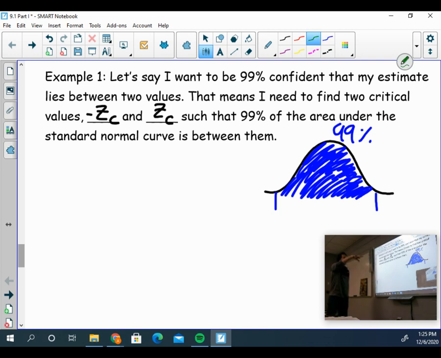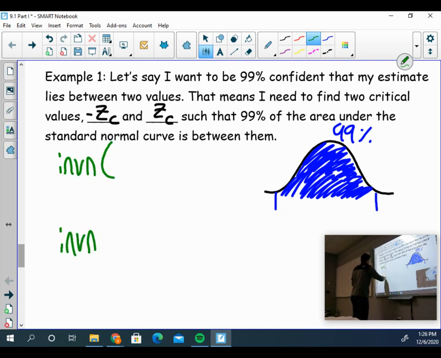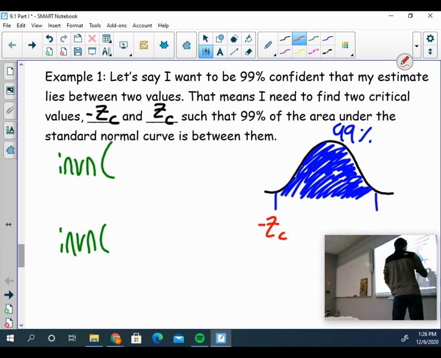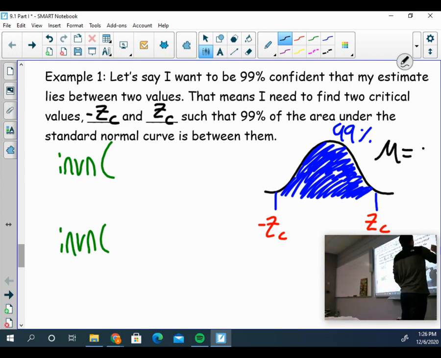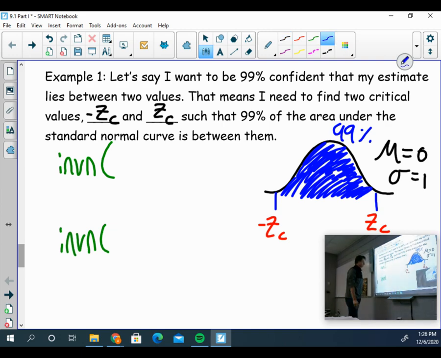So how do we find 2 values on a normal curve when we're given a probability? Well, that's a chapter 7 question. Inverse norm. I need to find these 2 values, and I am working with the standard normal curve, so I can use inverse norm.